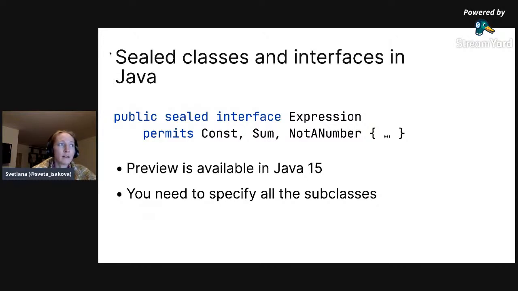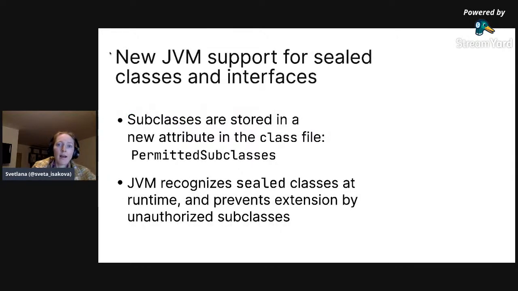Now let's talk a little bit about the correspondence between this new feature in Java and in Kotlin. Sealed classes got supported in Java 15 on the JVM as a preview feature. In Java, you must explicitly list all the subclasses of the given sealed class or interface after the permits keyword, as you can see on this slide. Then the JVM recognizes sealed classes at runtime.